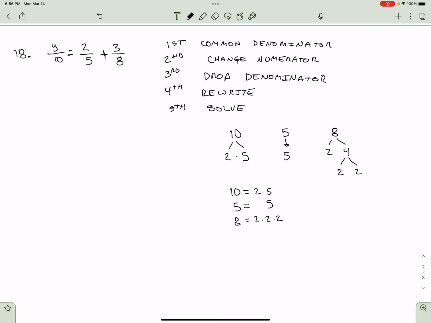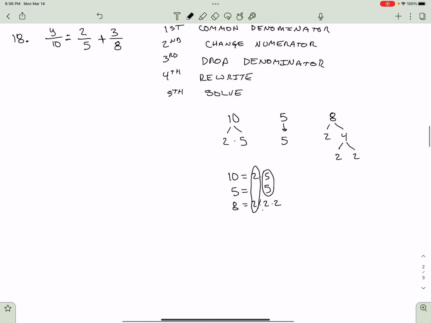Now I'm going to look at what's common here. Well, I have 5's common, so I'm only going to write those once. I have 2's common, so I'm only going to write those once. And then I have not 1, but 2 2's left over, so I'm going to write each one of those once. So 2 times 5 times 2 times 2.